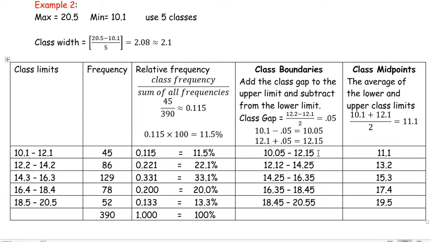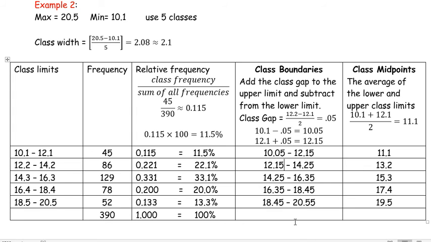And then for 12.1, we added it, so we got 12.15. Once you see that, we can just continue to do that. This one's 1, 5, 2, 5, 3, 5, 4, 5. It looks like I have this one incorrect. So I don't know why I had that as 0.2, but I believe that would be 12.15 because we're taking that away from 2. So that's how we get our class boundaries.